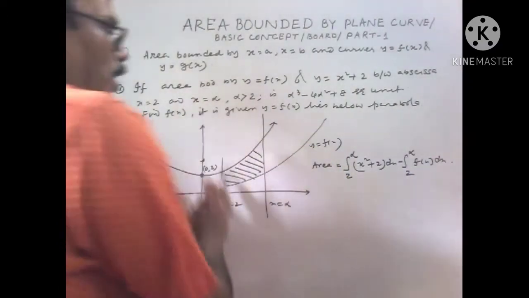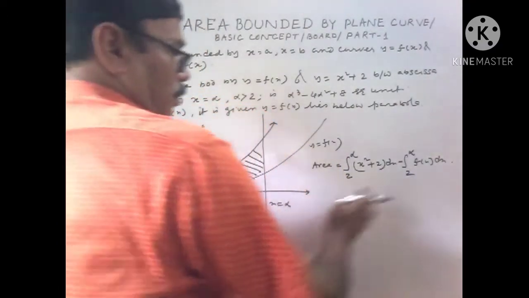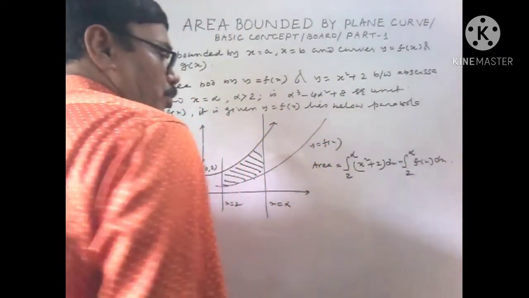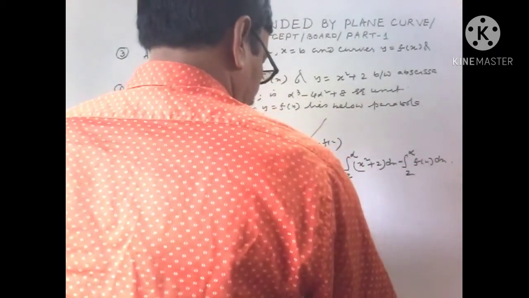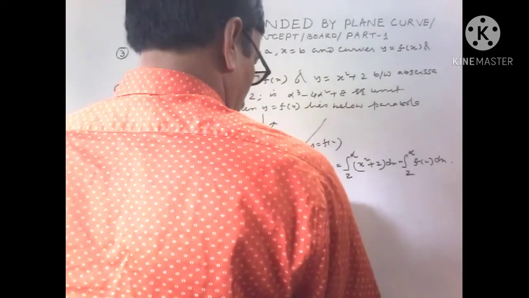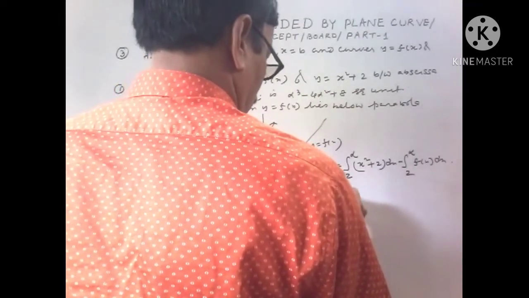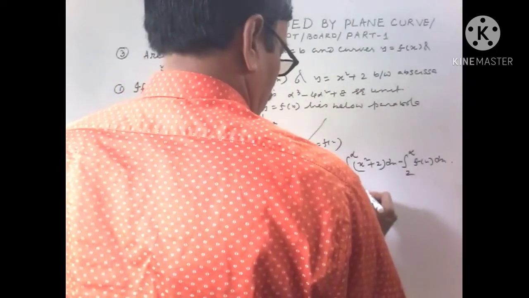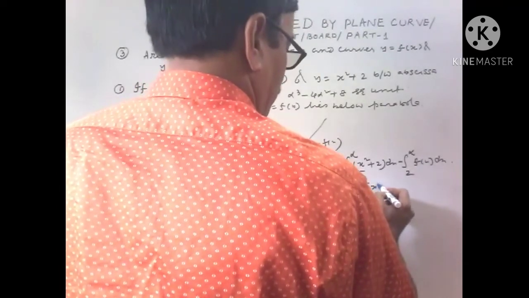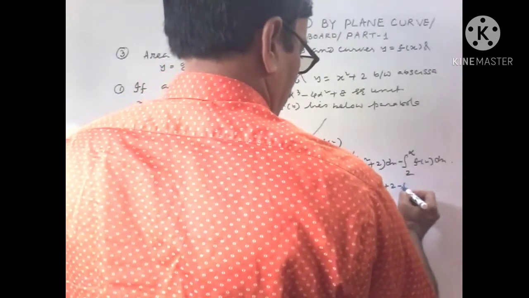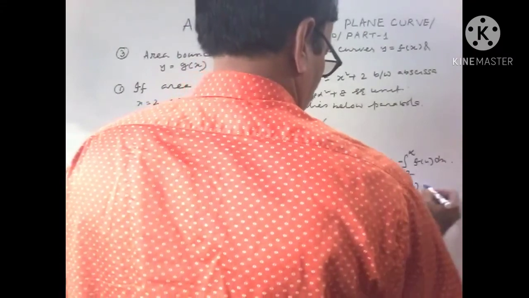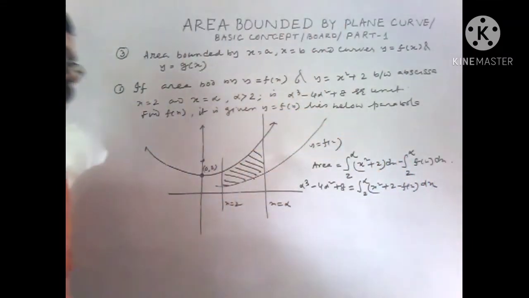No need of a figure, because it is given that f(x) is below this. So we can also write the area as alpha cube by 6 minus 4 alpha square plus 8, equals integral from 2 to alpha of (x square by 2 plus 2 minus f(x)) dx.